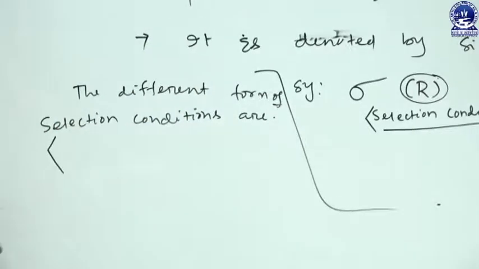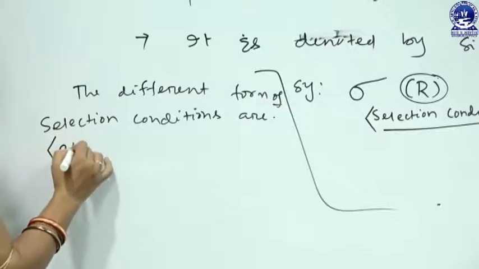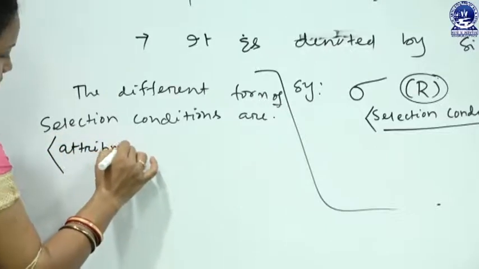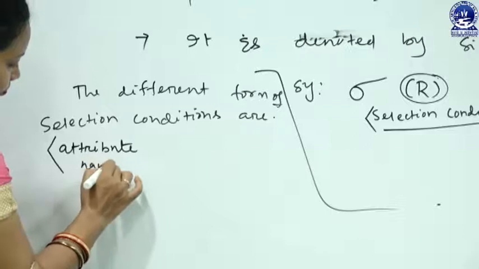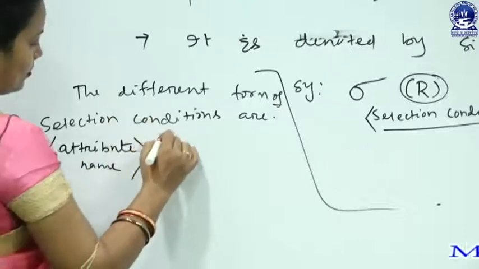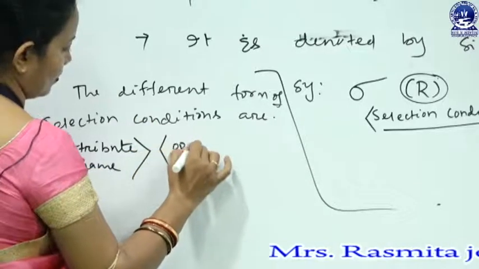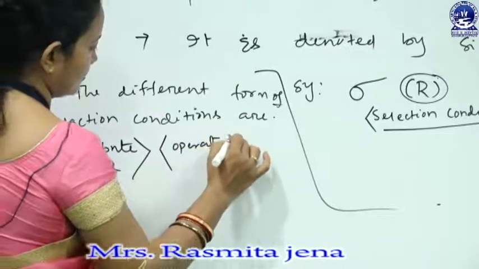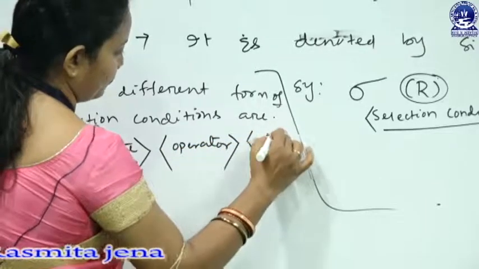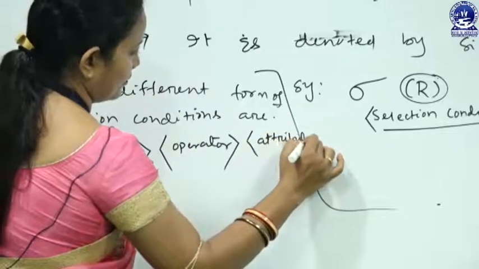The selection condition can be written as: attribute name, operator, then again attribute name.